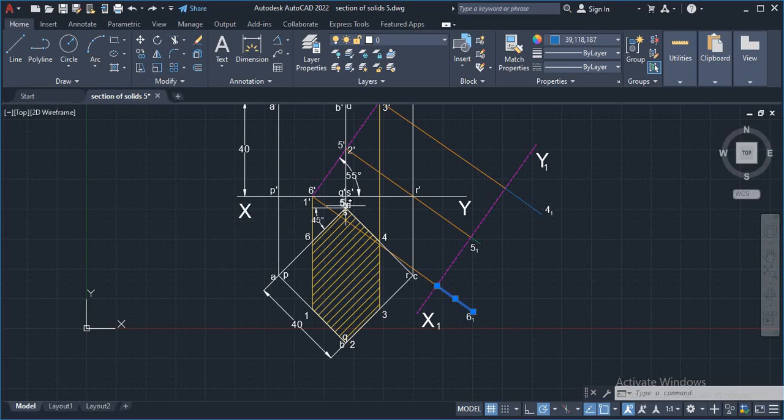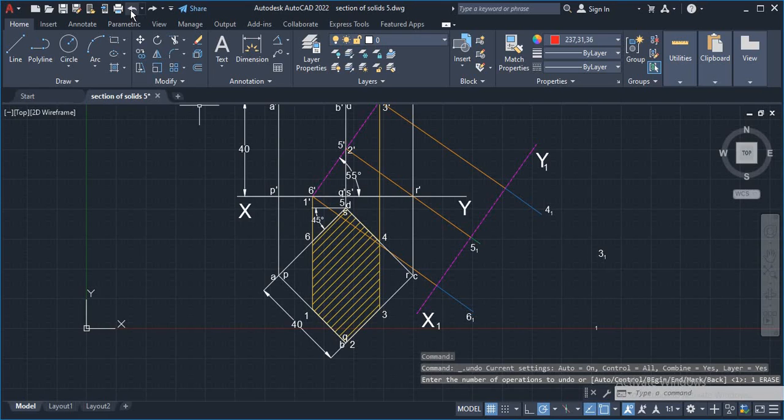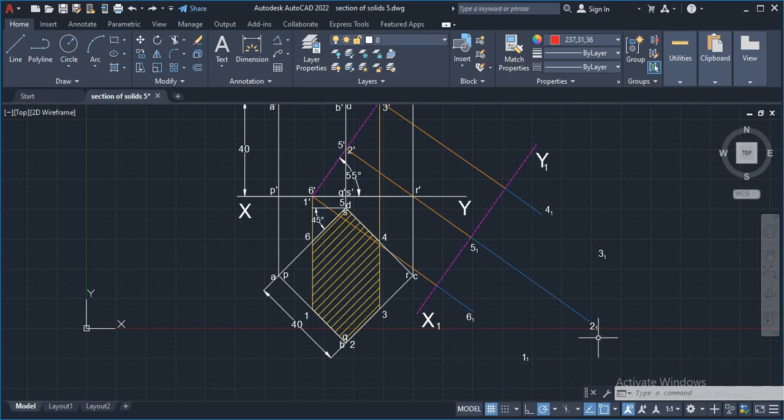Similarly, from the point 5 to 2, keep your compass pointer on 5 and pencil up to 2. Measure the distance, keep your compass pointer on the 5 suffix 1 point, draw an arc. So extend the line up to this arc, you will get 2 suffix 1.